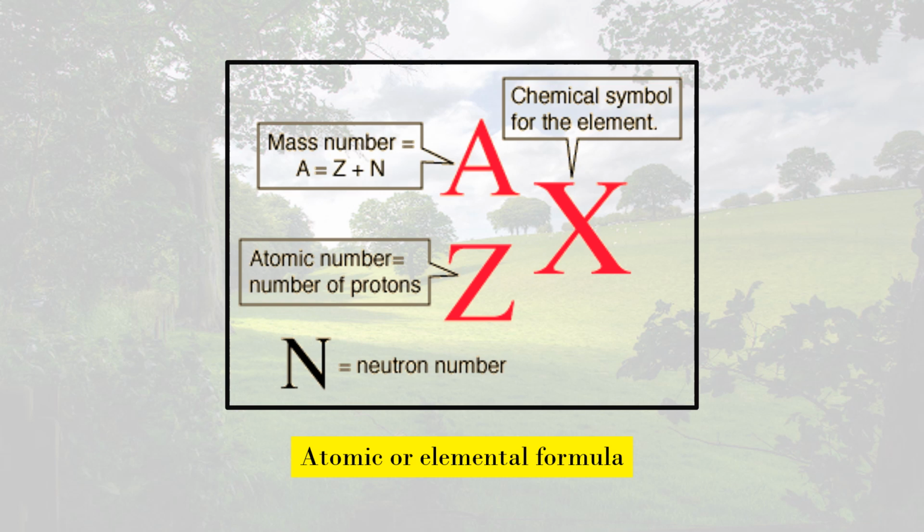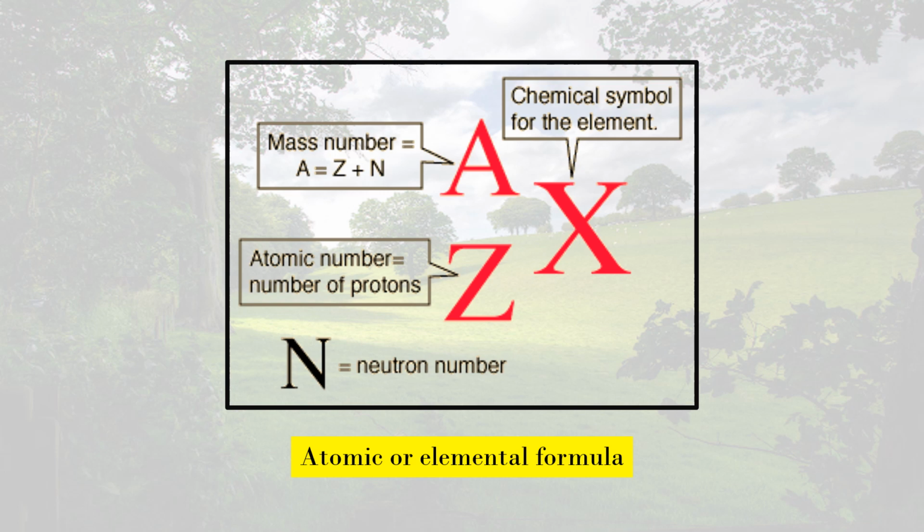For example, if we want to write the formula of an element, like oxygen, in the place of X we will write O, the symbol of oxygen. In the place of Z we will write the atomic number, the number of protons present, that is 8.